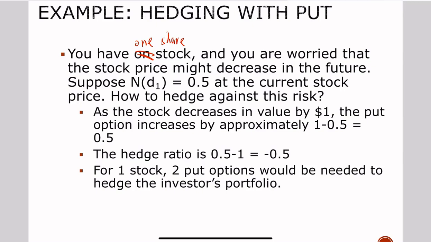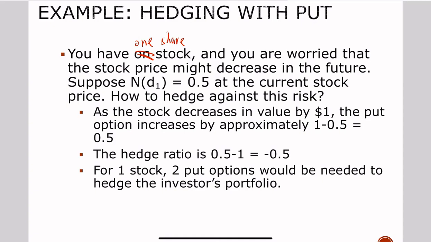So you want to hedge against this risk, and we assume N(d1) is 0.5 at the current stock price. How do you hedge against it? Well, a general result about hedging this type of risk is you will want to buy a put option as portfolio insurance. Now let's see how this could help you.